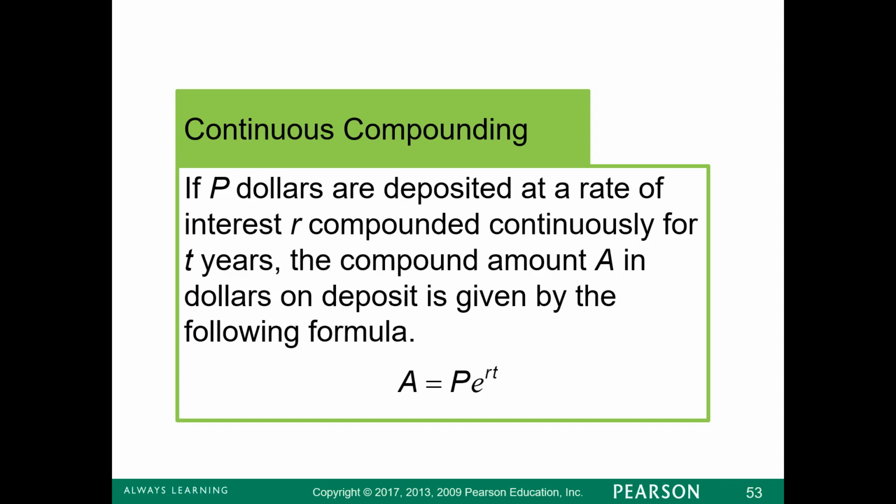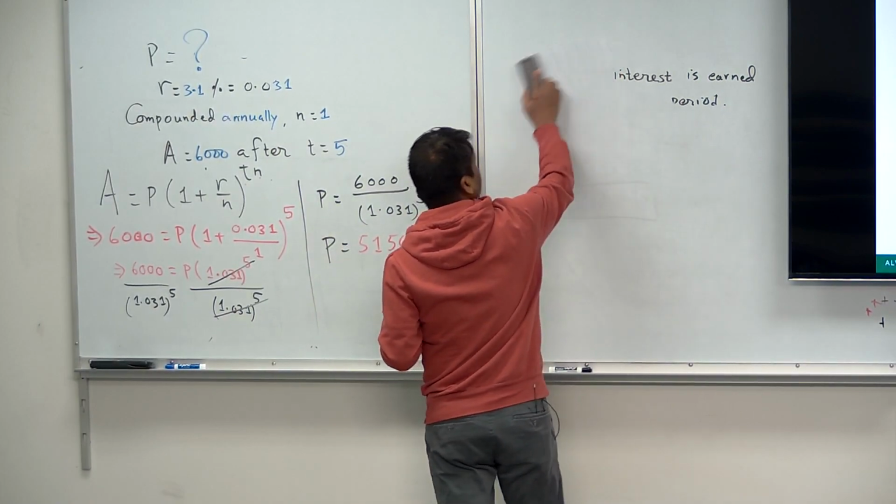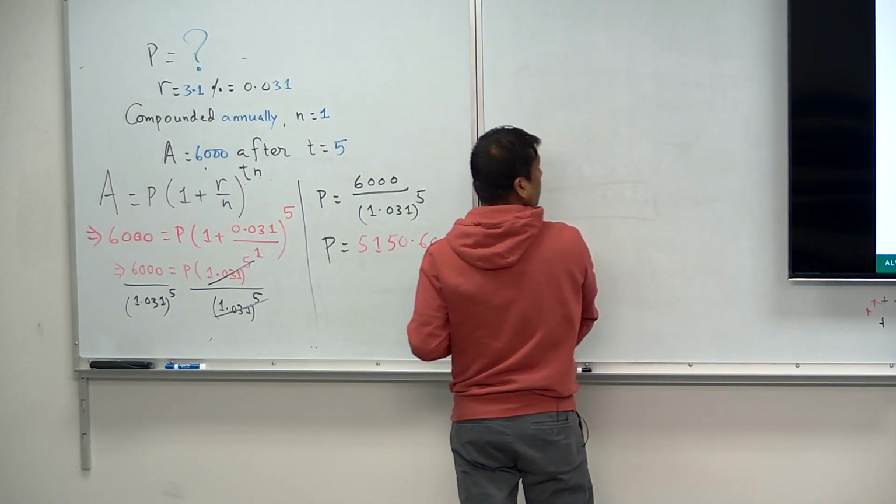So that's for continuous compounding. A equals P e to the power RT. E is the exponential number.